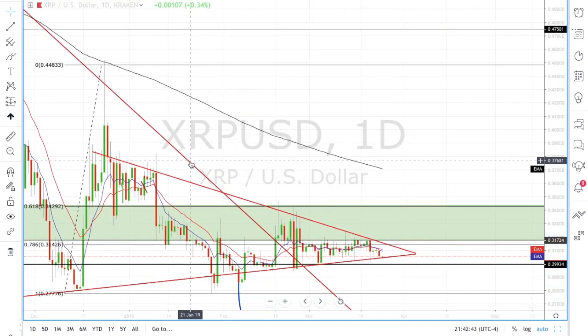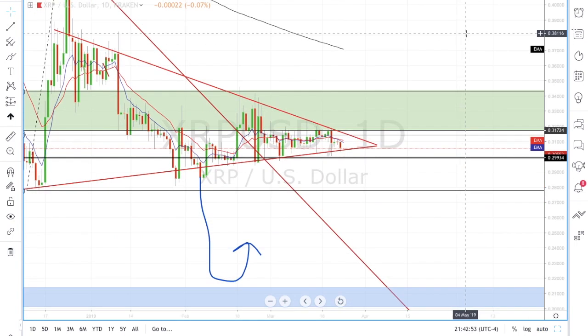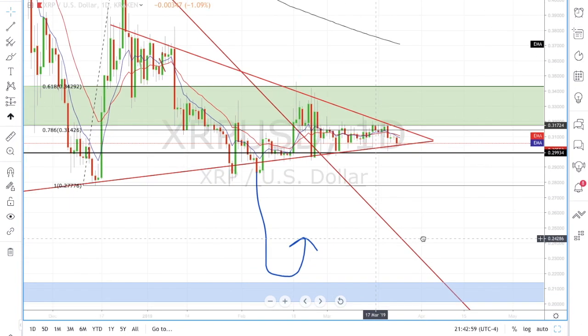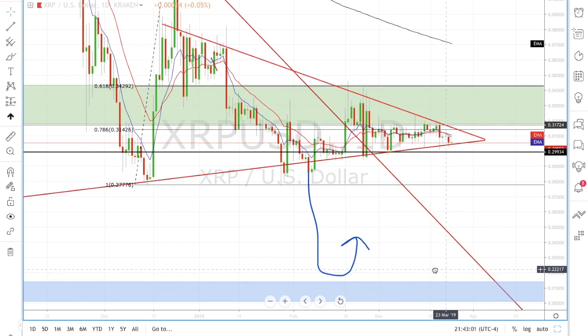I'm not going to delete this one right now because I feel like this could play a role in the future, but just don't mind that right now. So what it looks like it's doing is just creating this wedge, but going on to the 4 hour, I do see it's actually dropping, guys, the whole way down here.